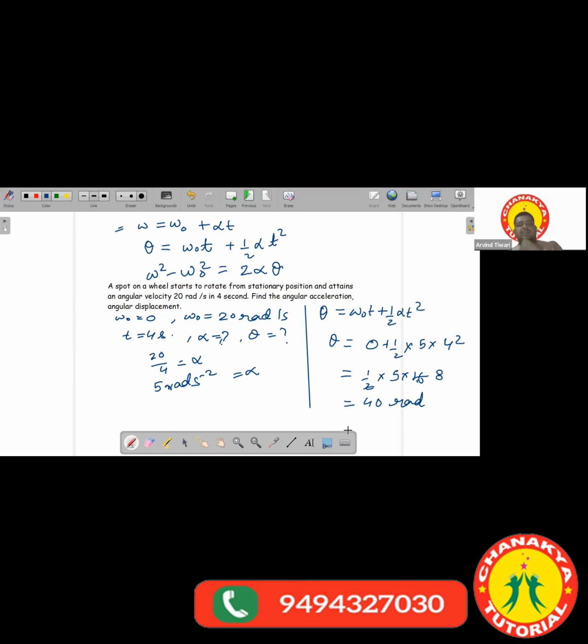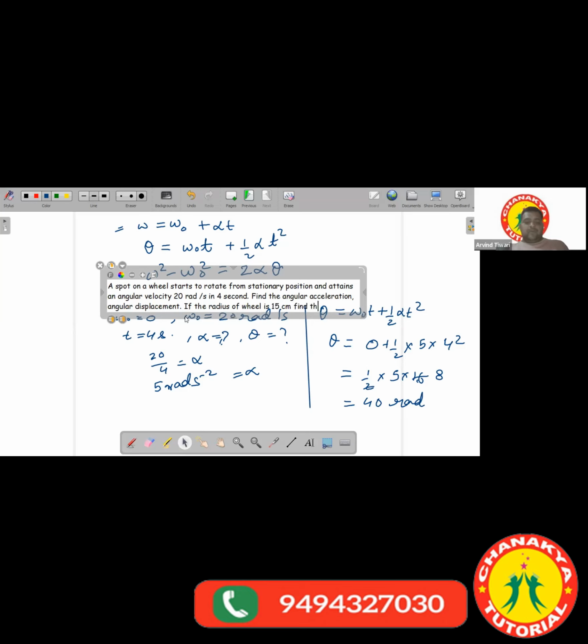Okay, can you find out the linear displacement? If I tell you to find out the linear displacement here in the same question, can you find it? Let's amend this question. Now in this question, I am giving you that the radius of the wheel is 15 centimeter.